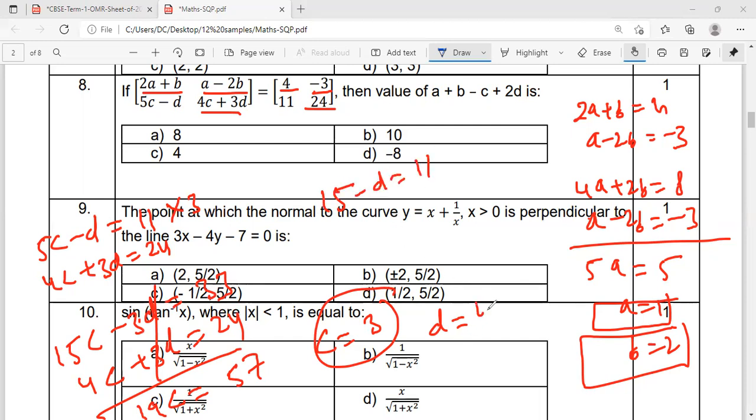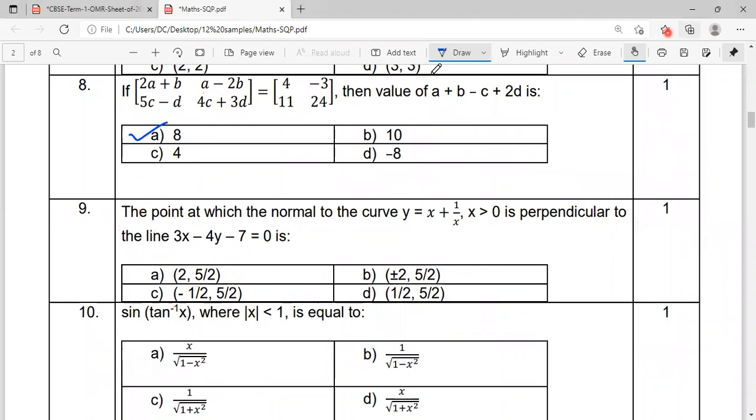So d should be 4. So a is 1, b is 2, c is 3, d is 4. Just put these values here. 1 plus 2 minus 3 plus 4, into 2, 8. So these things get cancelled, we get 8. Our answer is 8. Yes, so this question is also complete.